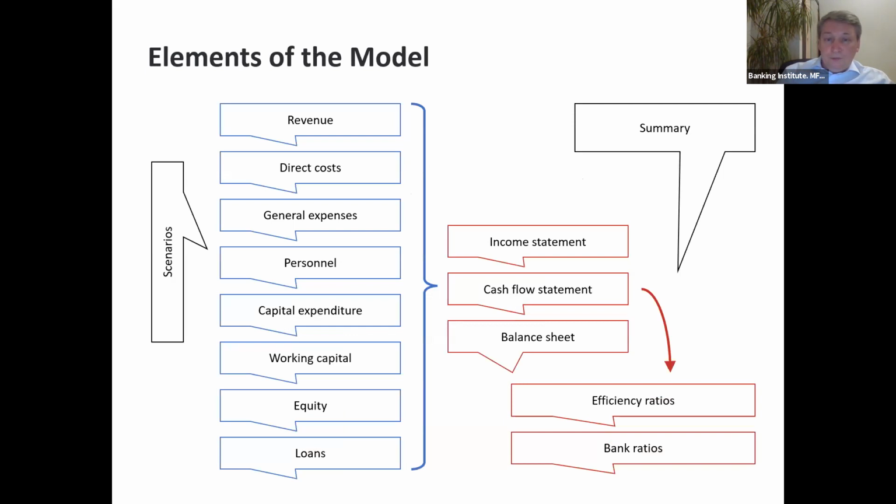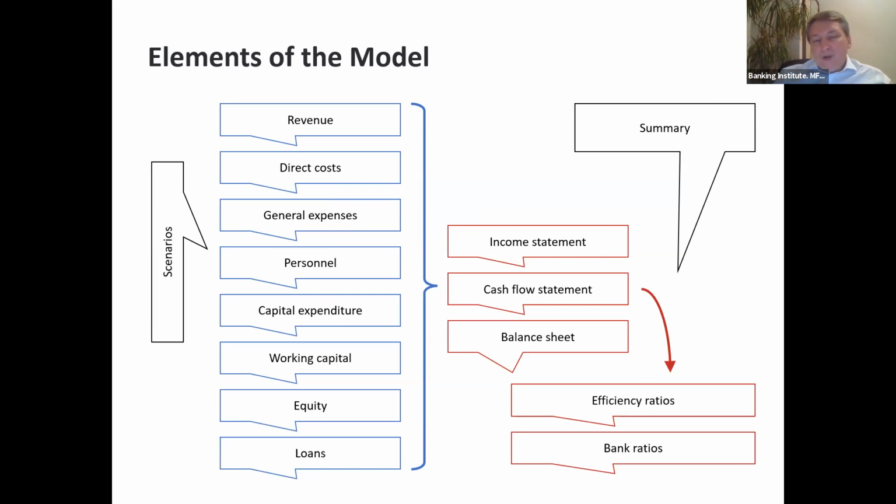And for this project, what building blocks do we use? The first part, our assumptions. All capital investment projects have actually the same set of assumptions. First, revenue. Second, direct costs. We always model direct costs separately from general expenses, because direct costs are variable costs.